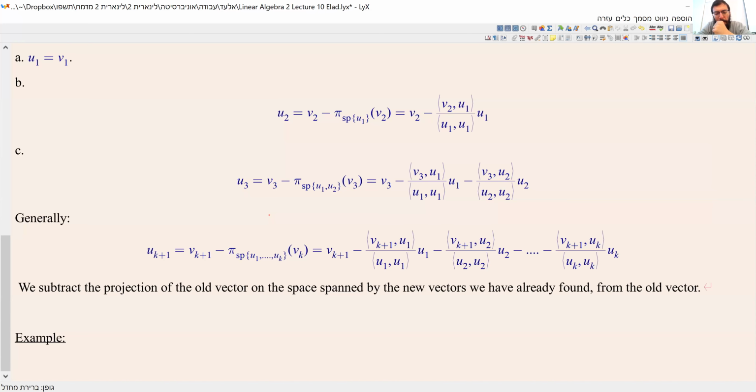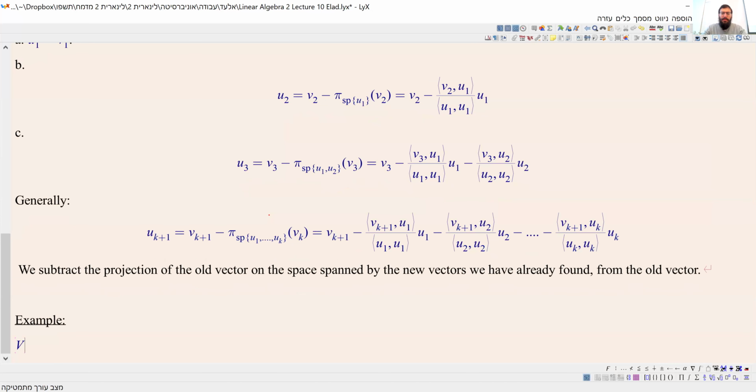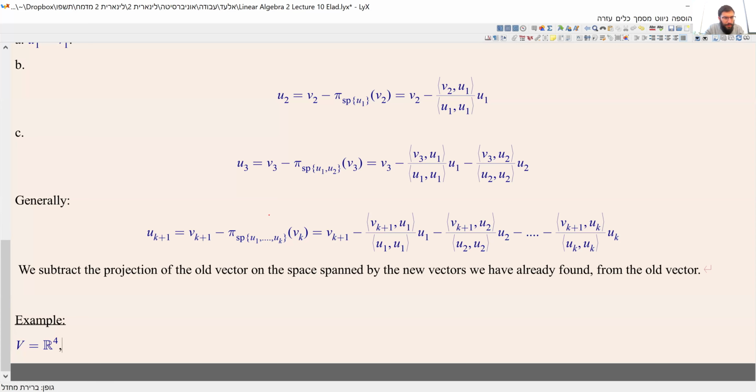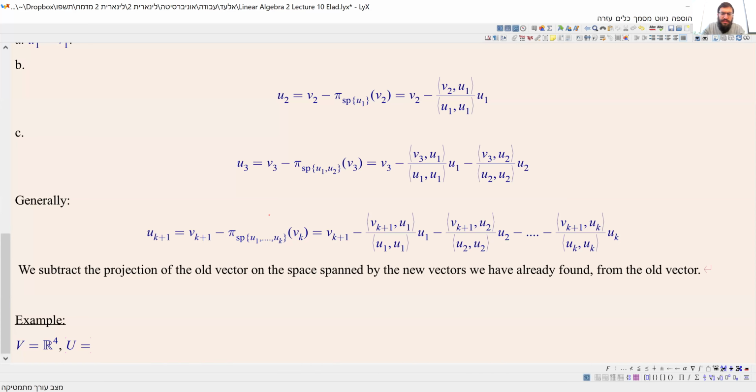Okay, an example. I don't want to do it very simple, but I don't want to do it very exhausting. I mean, look at R6 or something, it would take us forever. Let's have R4, and let's start with some basis. Hopefully it is a basis, and the vectors are really linearly independent. Let's do 1, 0, 1, 0, and 0, 1, 1, 1.